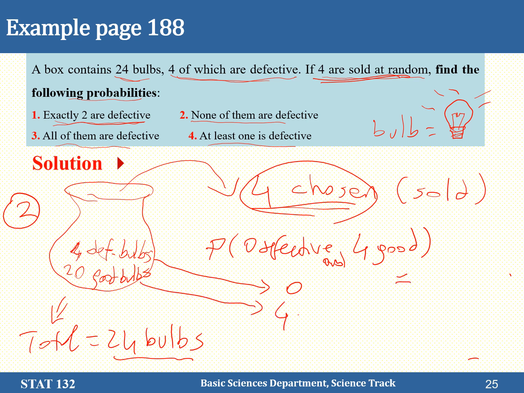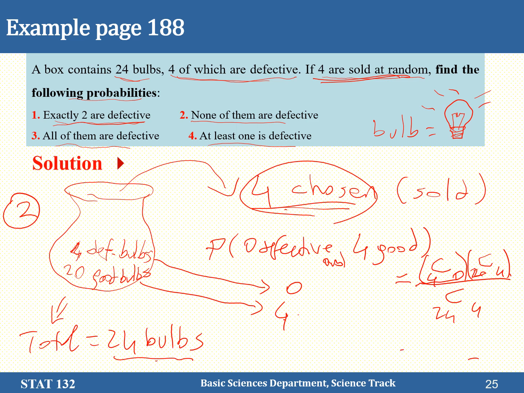The probability here will be 4 choose 0, and then 20 choose 4, divided by 24 choose 4.